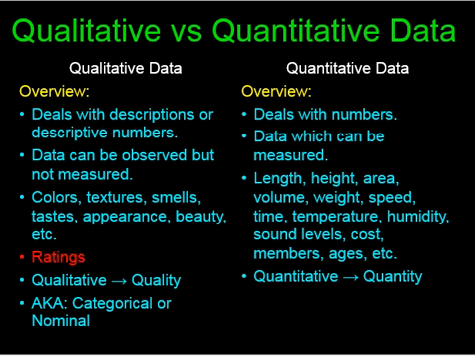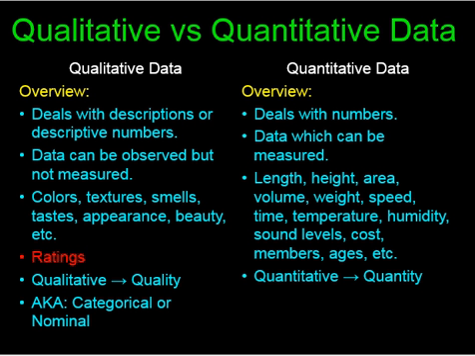Different examples of qualitative data include colors, textures, smells, tastes, appearance, perceptions of beauty, perceptions of effectiveness, things that are all descriptors. Ratings, as I notice I have that highlighted in red on this slide, are a particular form of qualitative data. They sort of straddle both areas, qualitative and quantitative.